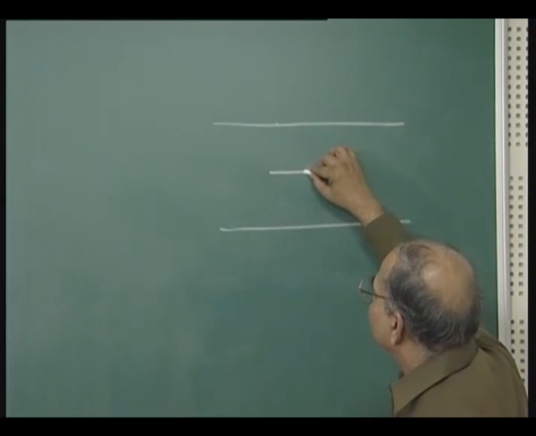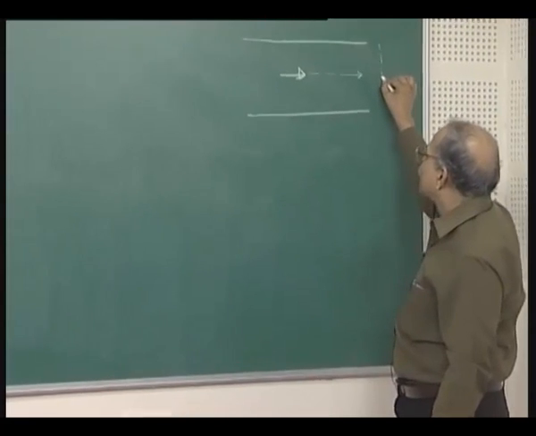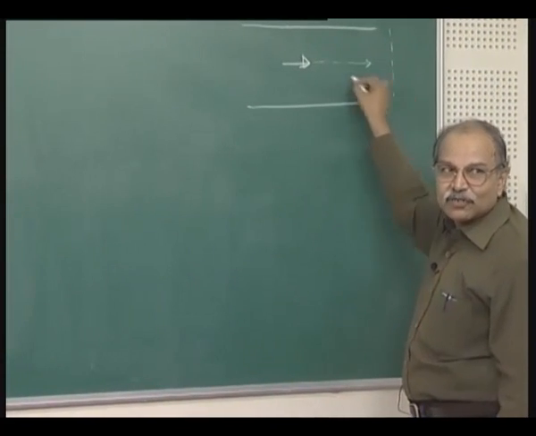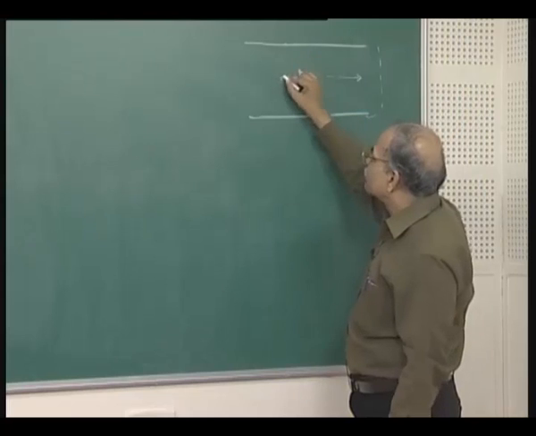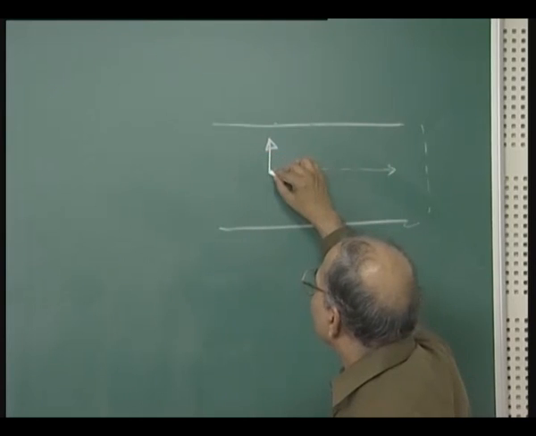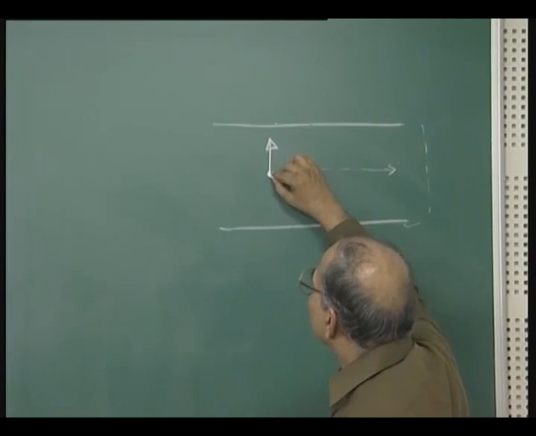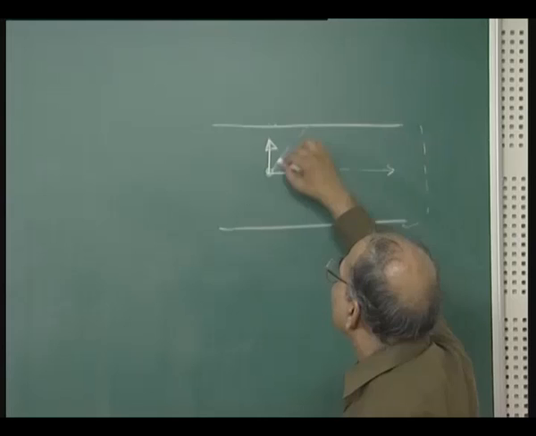Then the particles which are going this way will go this way. Of course, you will have some boundary here also, it is not an infinite tunnel. But let us look at this. The component of velocity in this direction will take the particle to hit this wall. So, the particle will go somewhere and hit here.